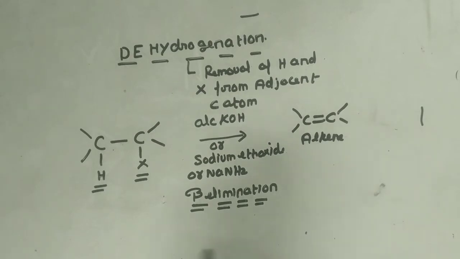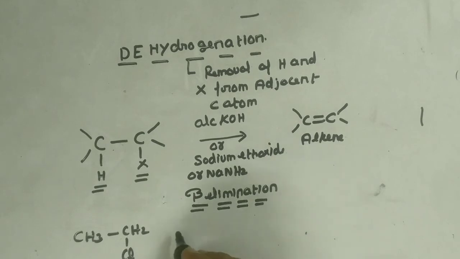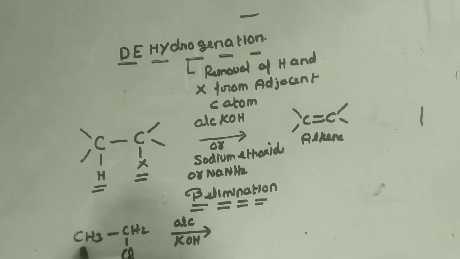Now let me show you a very simple example. Suppose we have chloroethane. I need to convert it into, let's say, an alkene. So what do I do? I react it with alcoholic KOH. What is going to happen? From this carbon, Cl will go. From the adjoining carbon, the H will go.